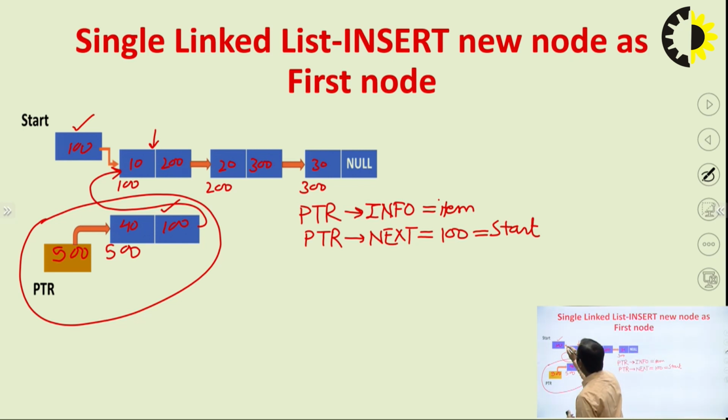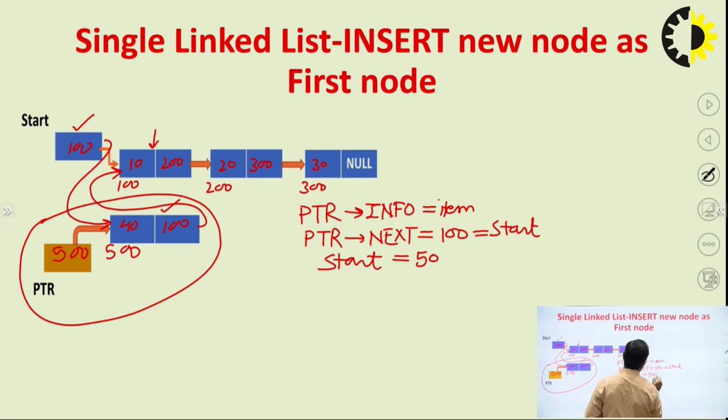Now we have to change the start pointer. Start pointer will point to that node. So start will contain the address of the new node, 500. And where is this 500 stored? Inside the ptr pointer. So we have to write ptr arrow info equals to item, ptr arrow next equals to start, and start equals to ptr.